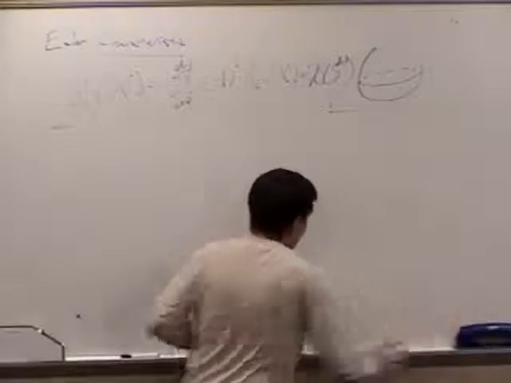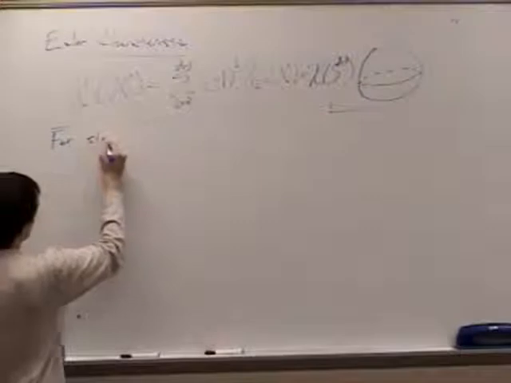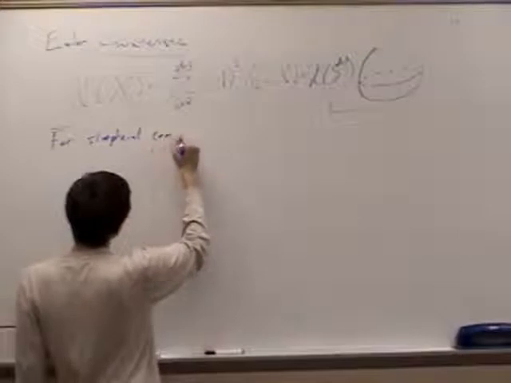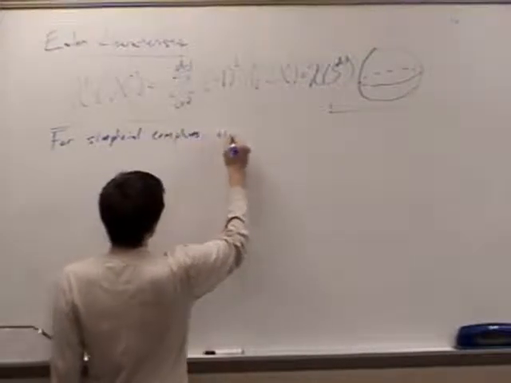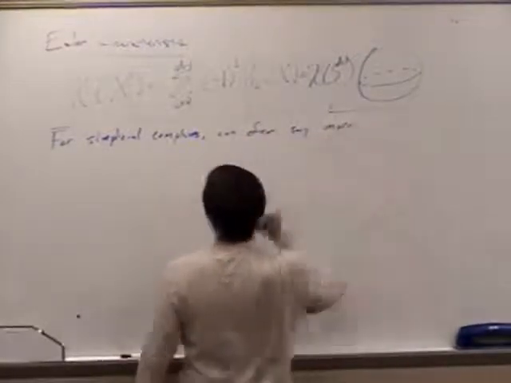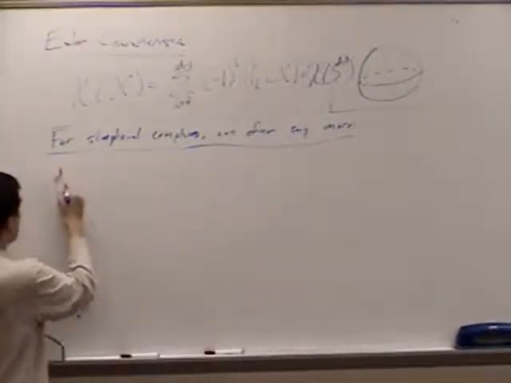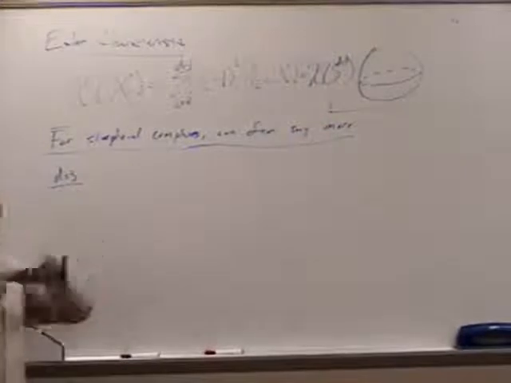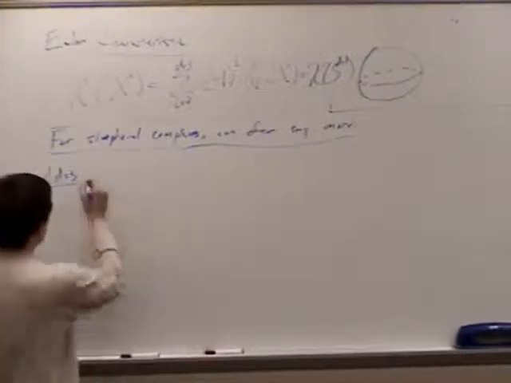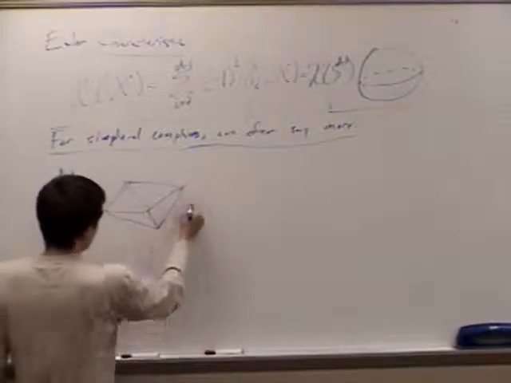OK, in 3D, here's something that happened. For simplicial, so not polyhedral cell complexes, you can often say more. Example. So here's the case where d equals 3. So we're looking at the boundary of a 2D sphere, or a polytope embedded in 3D space. So here, if we look at some patch of the boundary, everything is going to be triangle.